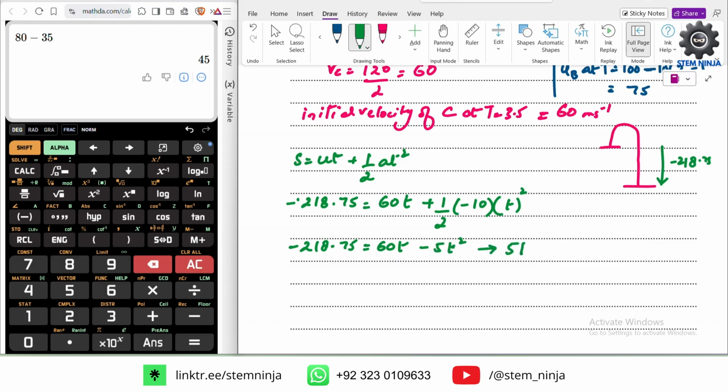So it becomes 5t squared minus 60t minus 218.75 equals 0. We need to solve for t.